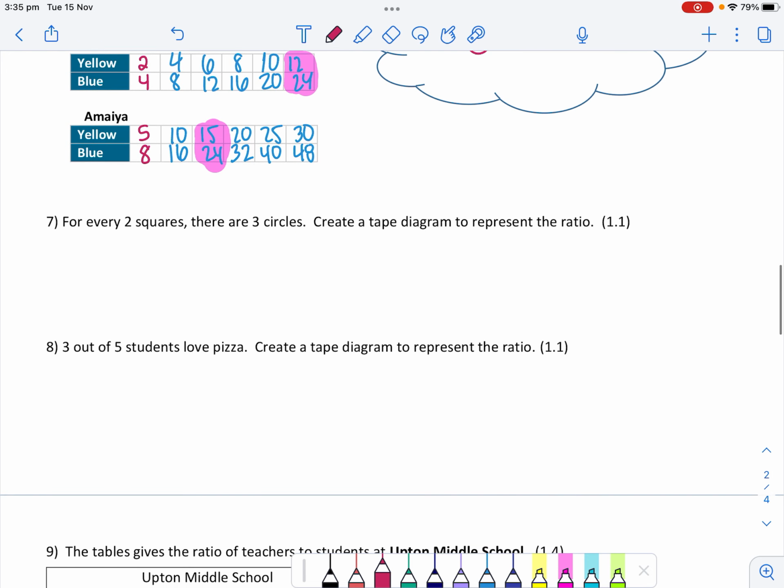Number 7 says, for every 2 squares, there are 3 circles. Create a tape diagram to represent this ratio. This is going to be our part 1, part 2, total or whole. So part 1 is squares, part 2 is circles, and our whole is all shapes.